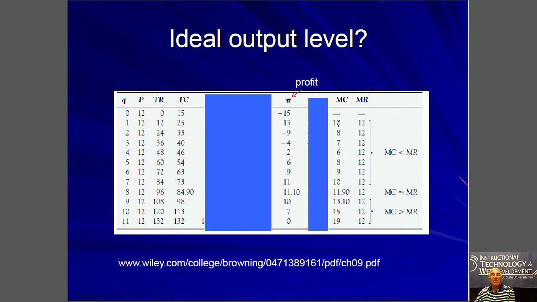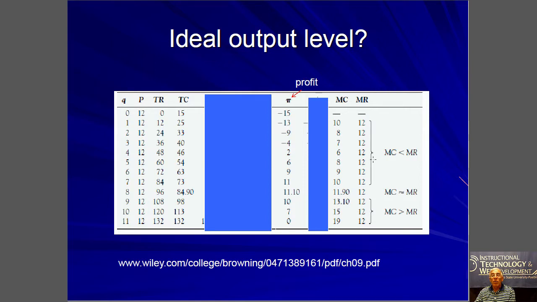Does it make sense to go from 0 to 1 unit? Well, I'll be taking $10 out of my pocket for the privilege of putting 12 in. That's a pretty good deal. How about going to the second unit? Well, by making and selling the second unit, I take $8 out of my pocket to put $12 in. That's also a good deal.